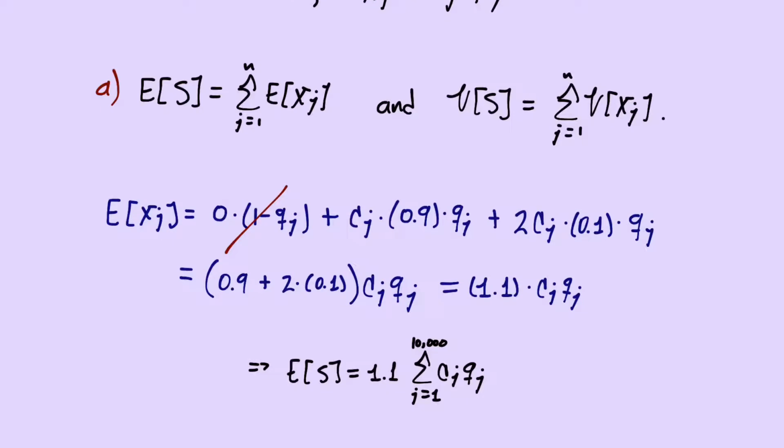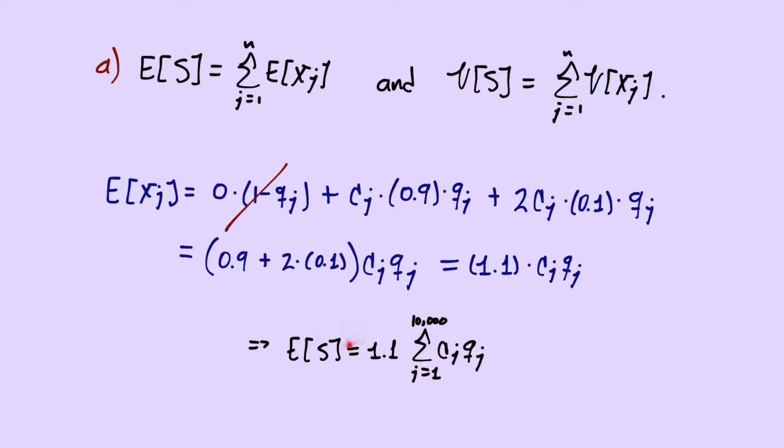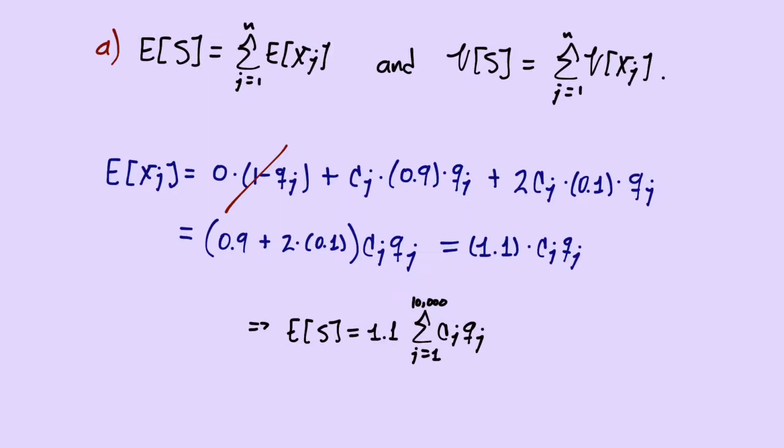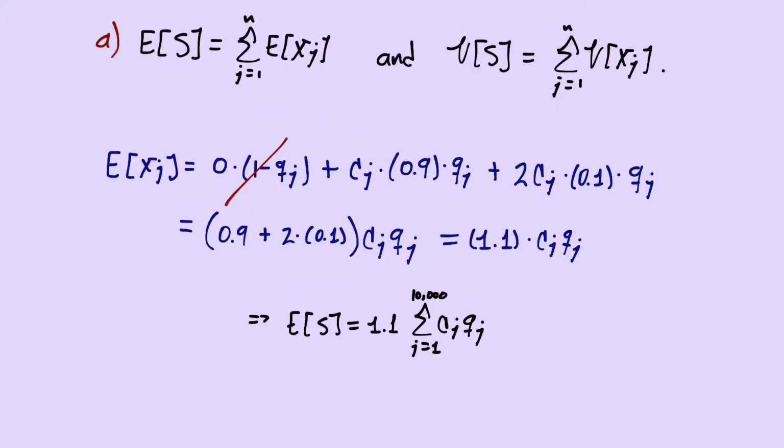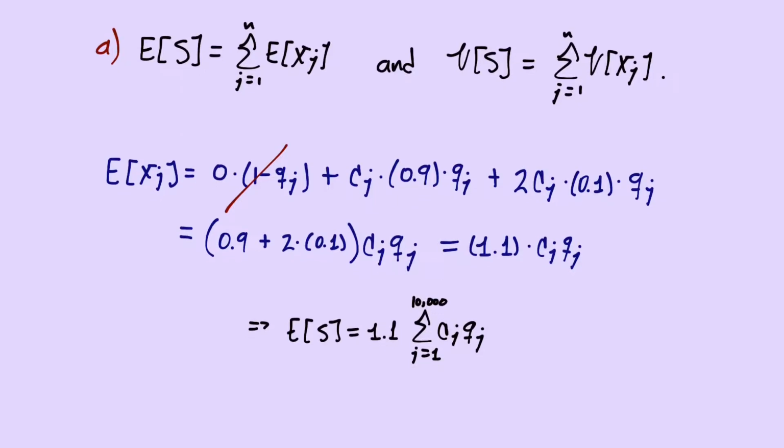And then the expected value of S in this particular exercise will be 1.1 times the sum of these values, cj times qj, and the sum from 1 to 10,000, that is the number of policies that we have in this particular case, okay? And you can get a similar expression for the variance. This is easy.